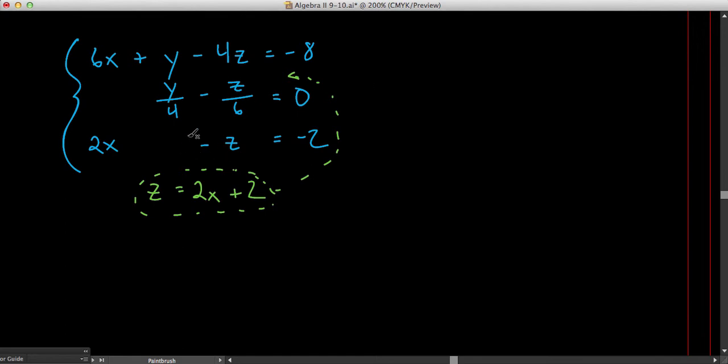So if I plug this in for z here, I'll be left with y over 4 minus, and then 2x plus 2 is the numerator, over 6 is equal to 0. So that's the substitution part of it.